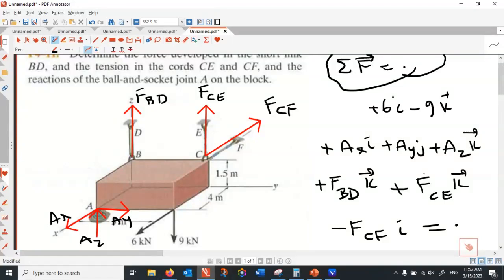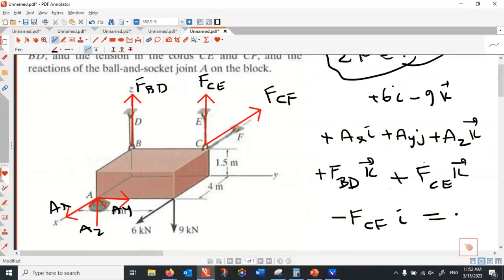So what about the remaining? I still have 3 remaining unknowns. I need 6 equations. Only this is 3 equations. All right, so that is the net force.